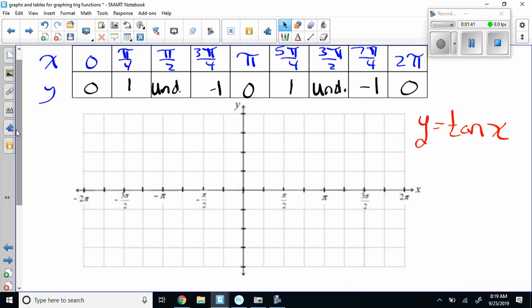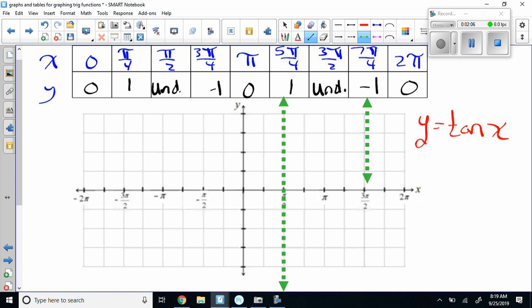So first things first. If you don't do this, you will probably mess up the tangent. So we've got asymptotes at who? Pi over 2 and 3 pi over 2, right? I'm going to move this over.